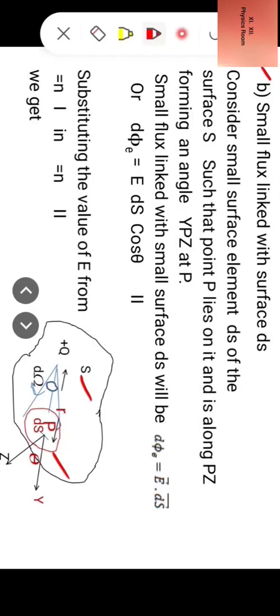Along PZ means the direction of the area vector is along PZ, and it is perpendicular to the surface dS, forming an angle YPZ at P. Now small flux linked with the small surface dS will be d phi E equal to E dot dS, or d phi E is equal to mod E mod dS cos theta. Let us mark it as equation 2.